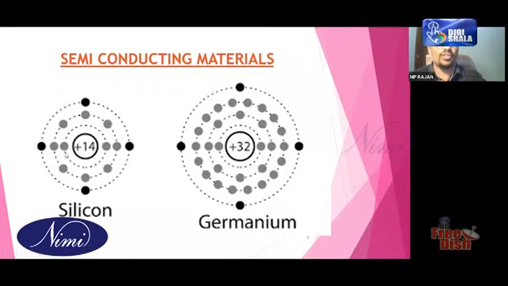Two electrons are in the K shell, 8 in the L shell, and the outermost shell has 4. In germanium, which is 32, it is 2, 8, 18, and 4 left in the outer shell. So the number of valence electrons is the same in both silicon and germanium, 4 electrons outside. This is in the valence band. In this condition, it cannot conduct.